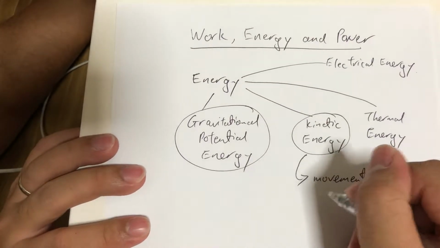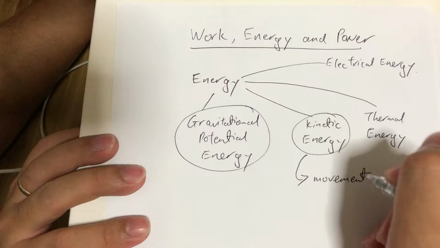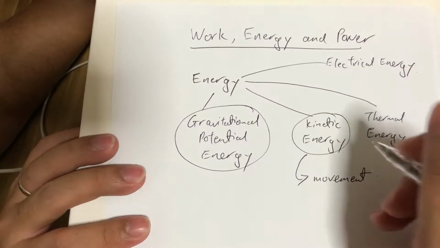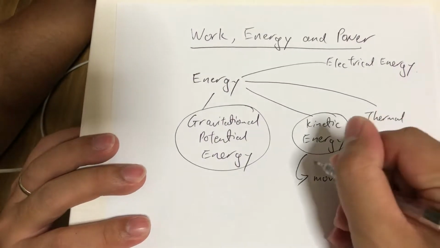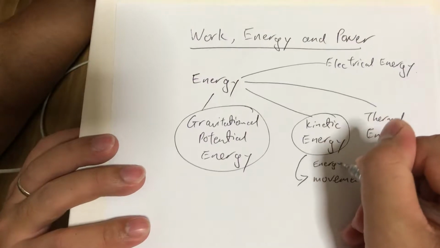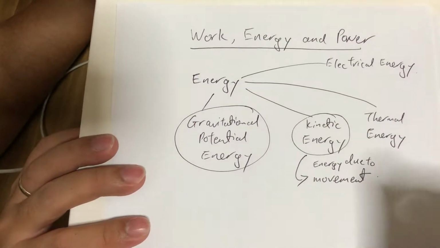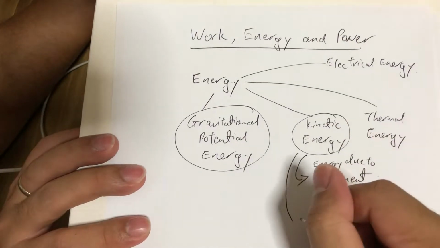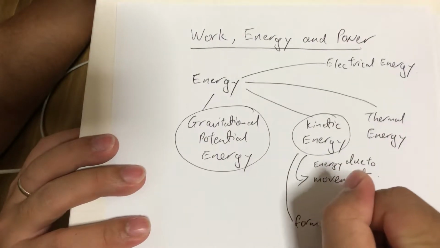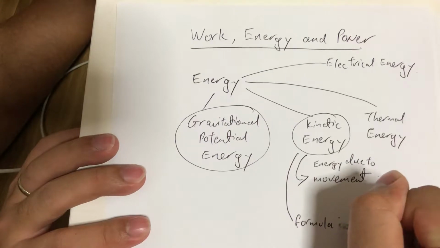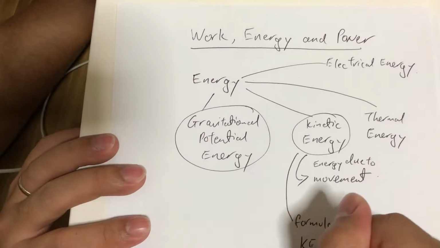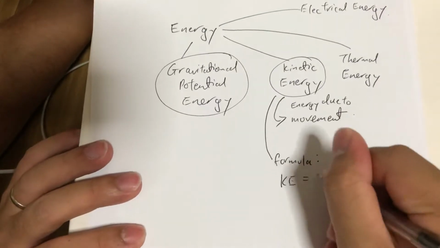Why do we say it's movement? Because kinetic energy is energy due to movement. And it has a formula. The formula is KE equals half mv squared.